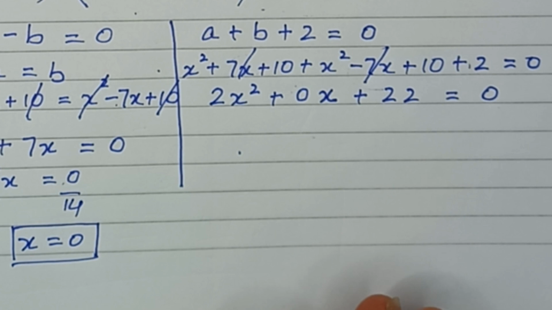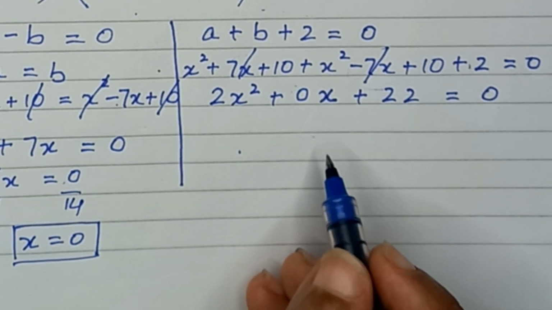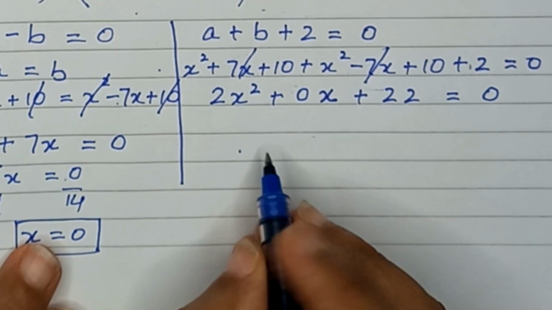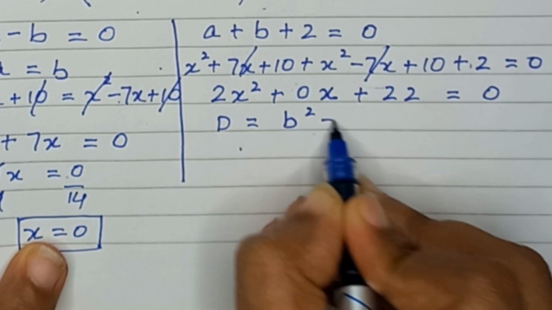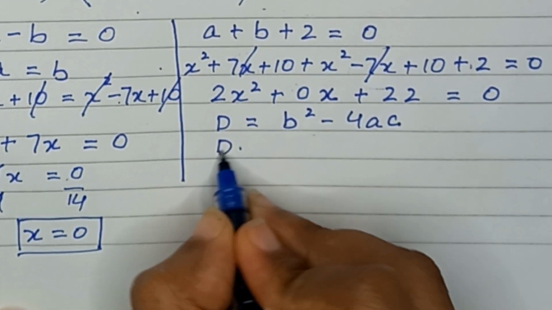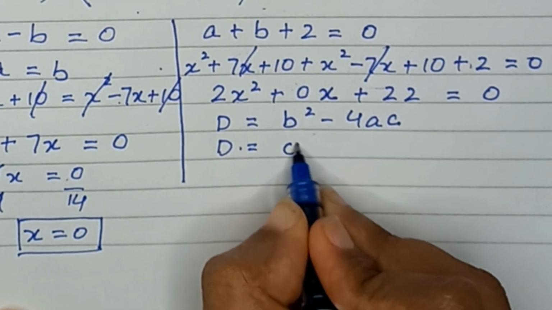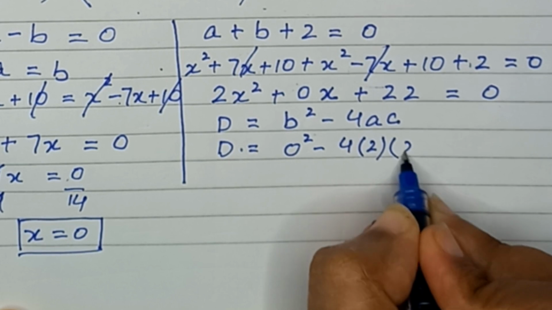So first of all we will find its discriminant and check whether its solution is real or not. The discriminant is equal to b square minus 4ac. So the discriminant is equal to b, which is 0, square, minus 4 into a into c.